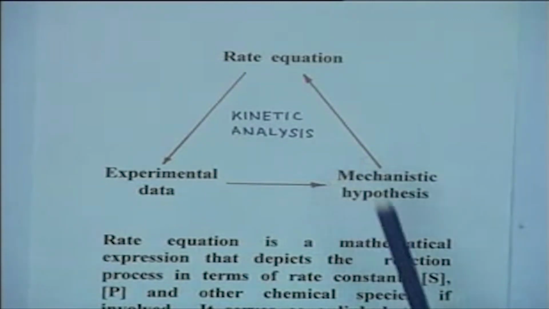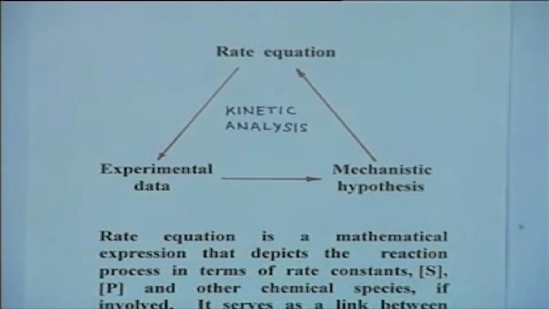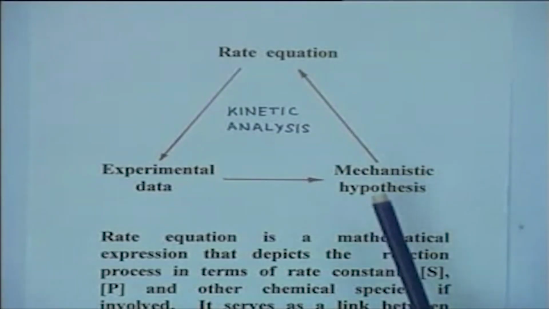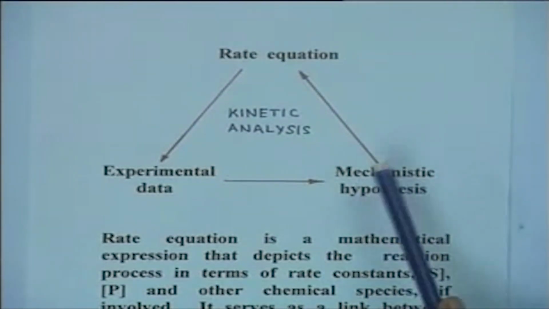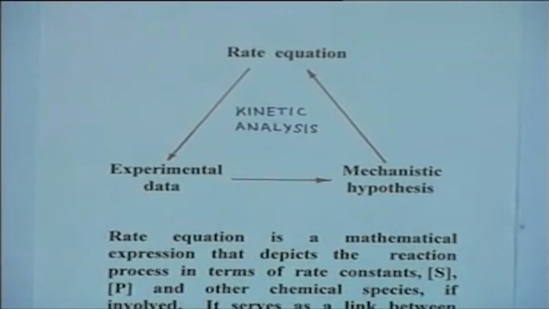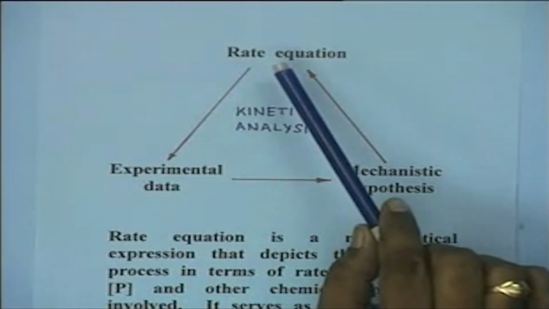In simplistic terms, this is the sequence of reaction steps involved in converting substrate into product, and based on this mechanistic hypothesis we arrive, using mathematical analysis, at a rate equation.